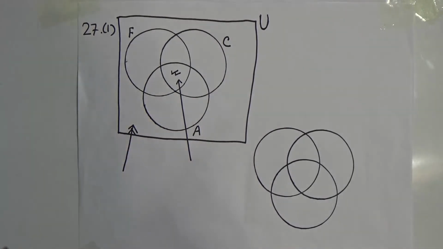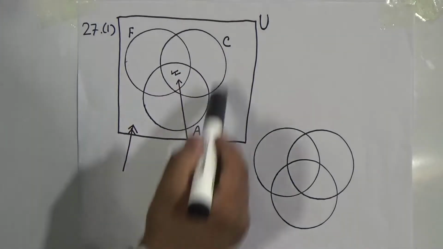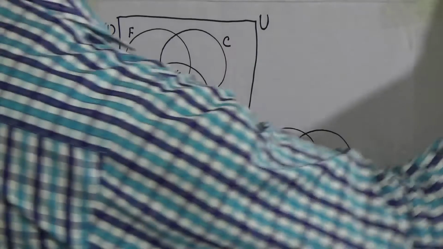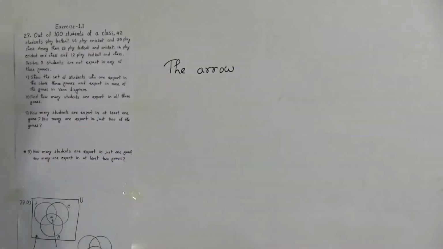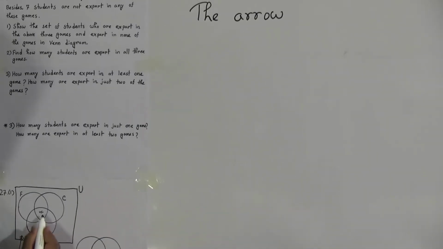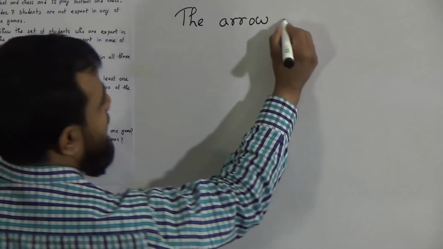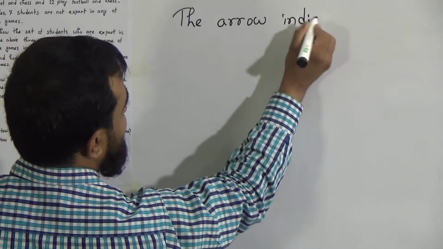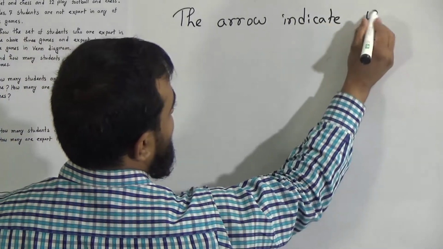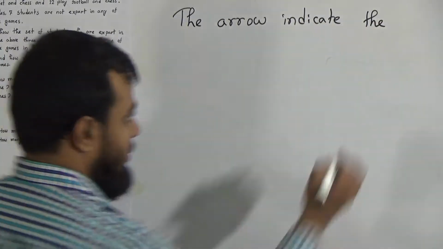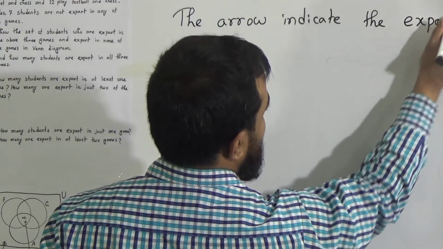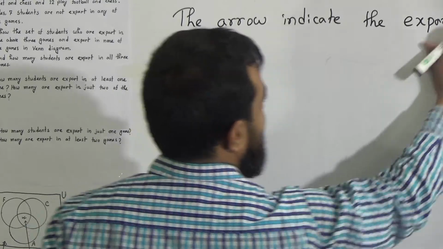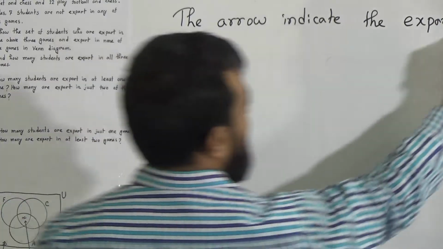Now after this figure we can write down the arrow sign. The arrow sign means this one. The arrow sign indicates the experts in 3 games.